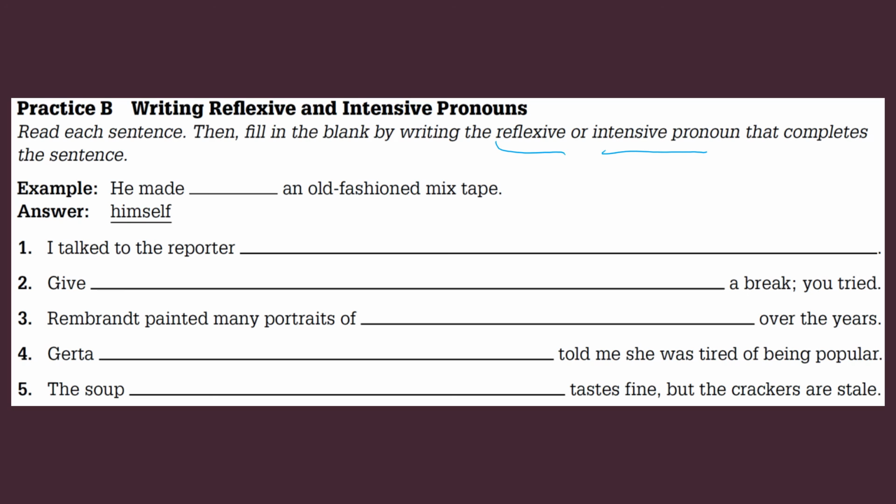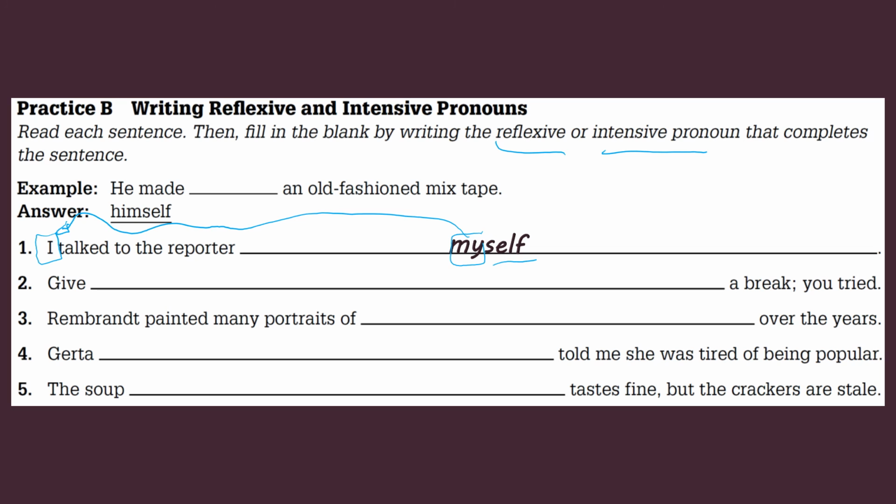Number 1, I talked to the reporter myself. I did it myself. So the my goes with the I, the I of the personal pronoun. Then we add self for singular and selves for plural, as I explained first.